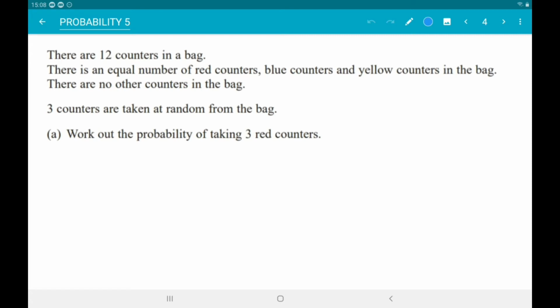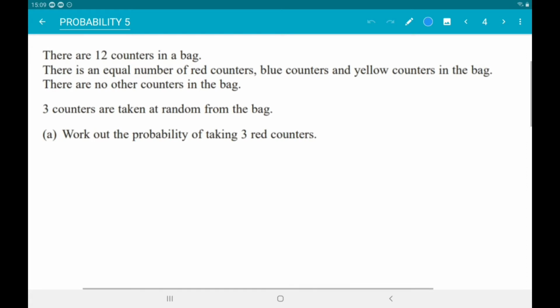Alright, so for this we could use a tree, but sometimes it's easier not to. So we know the probability of getting a red on the first try is 4/12. So I'm going to call this the probability of red, red, red.